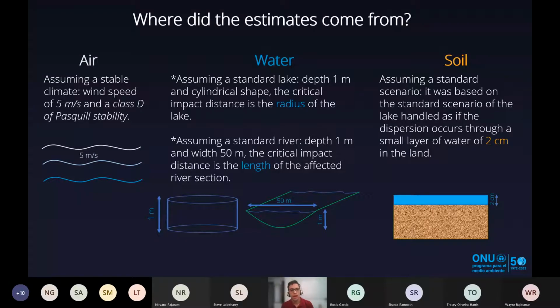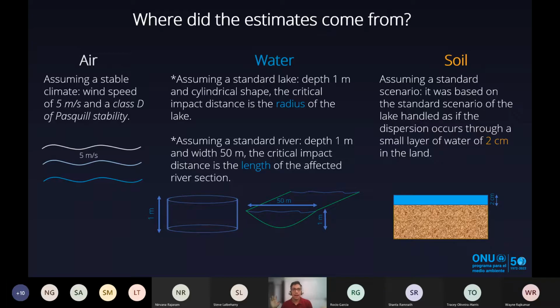In the air, assuming a stable climate, a wind speed of 5 meters per second, and a class D of Pasquill stability. In the water, there were two assumptions. The first was a standard lake with a depth of 1 meter and a cylindrical shape, and the distance that the FEAT tool will give you is the radius of the lake. The second was a standard river with a depth of 1 meter and a width of 50 meters, and the critical impact distance is the length of the affected river section.